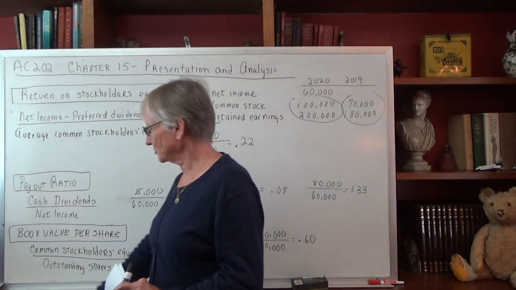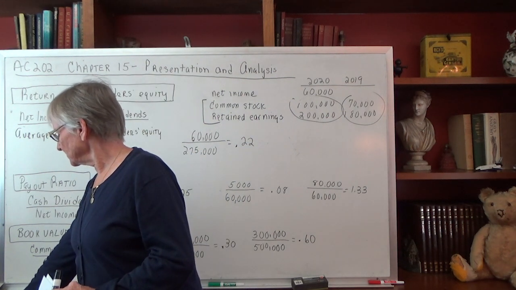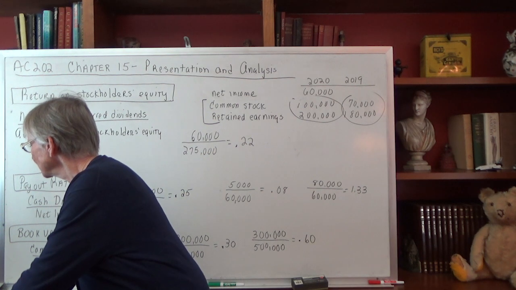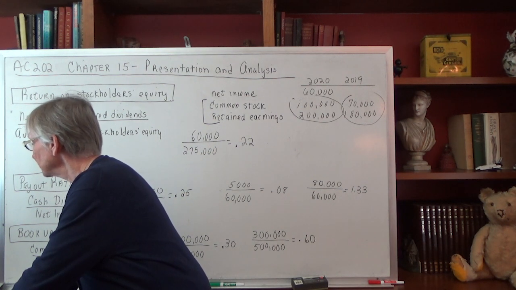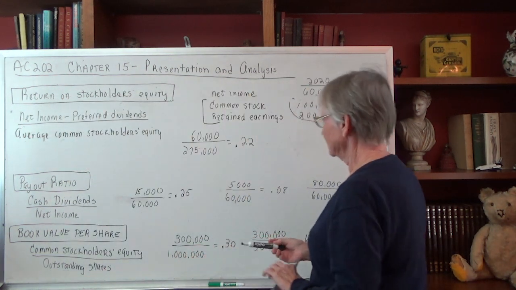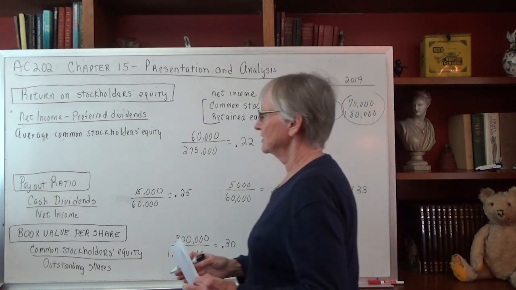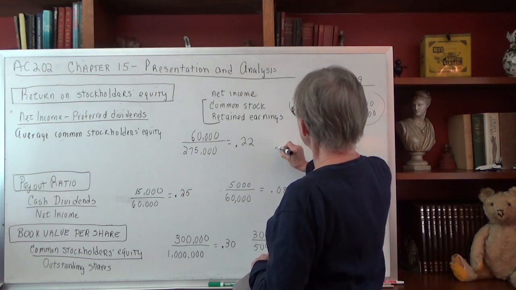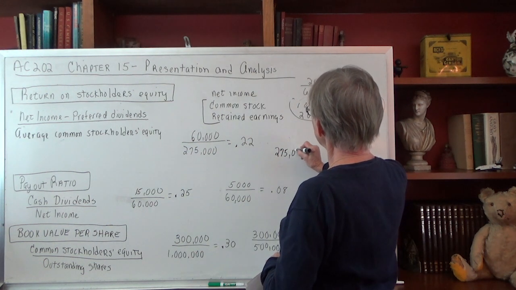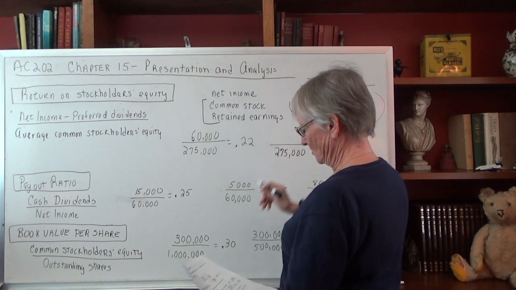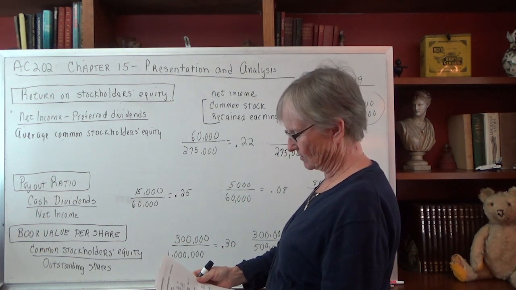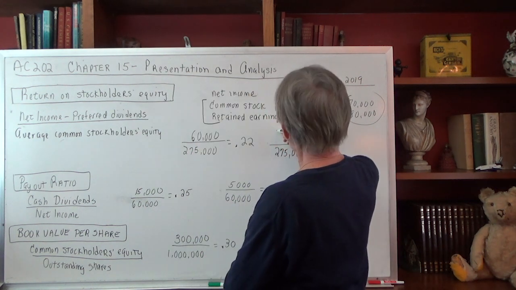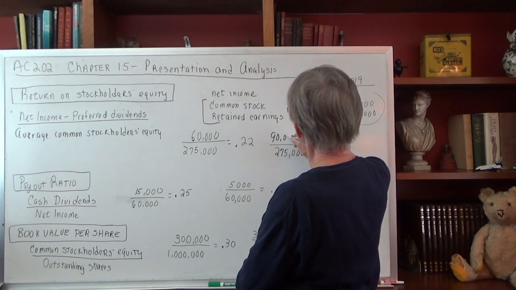And when you're looking at that, you have to say, well, is that okay or not okay? So one easy way to think about it is just change it up a little bit and say you're going to keep the same average stockholders' equity, but instead of, say, 60,000 here, say we generated 90,000 in net income.